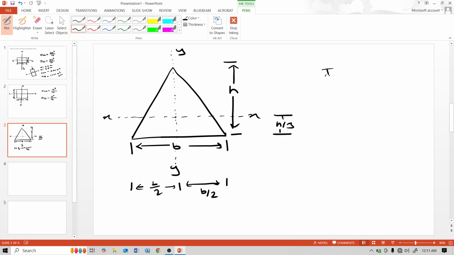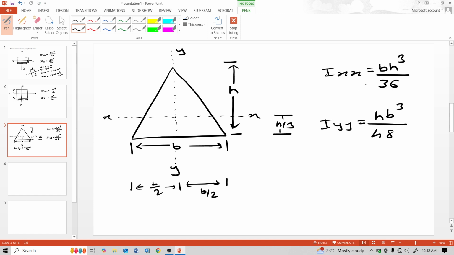Now Ixx, moment of inertia about x axis parallel to this xx is b, write b as it is, height h cube, b h cube by 36. And Iyy, parallel to this Iyy is this h side, h b cube by 48.